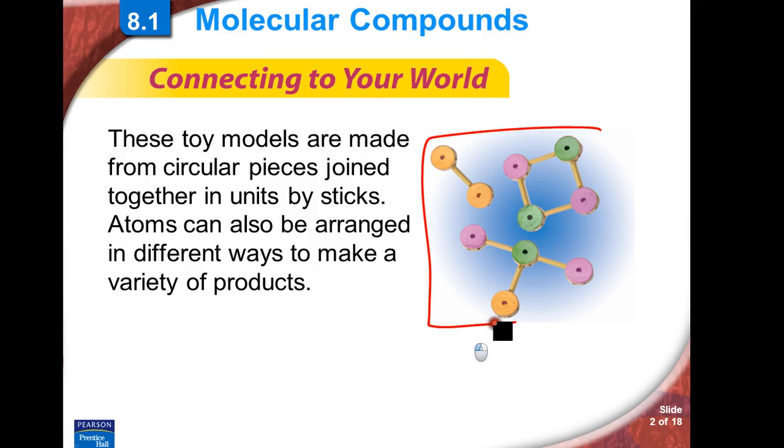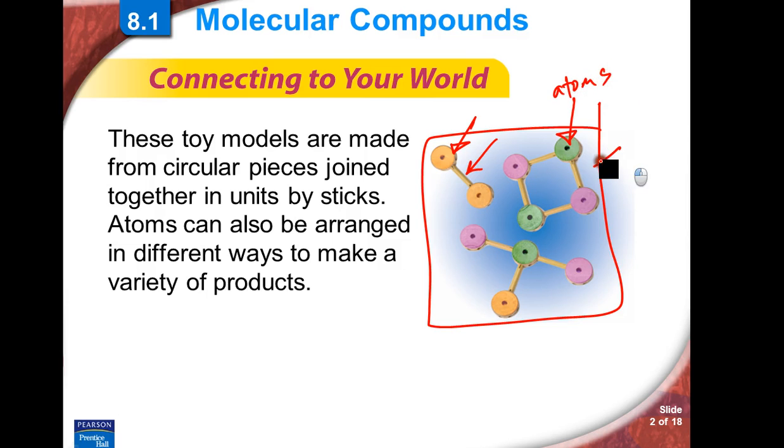You see here on the right some toy compounds. We have these circular pieces which are joined together by sticks. In a similar idea, these round objects could be called atoms, and we could connect them to other atoms by things called covalent bonds.